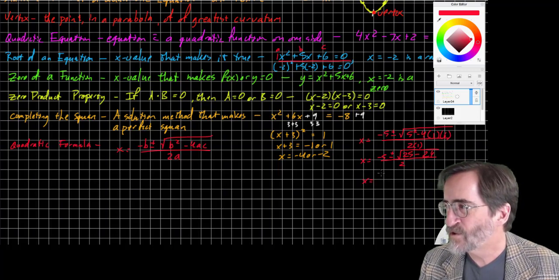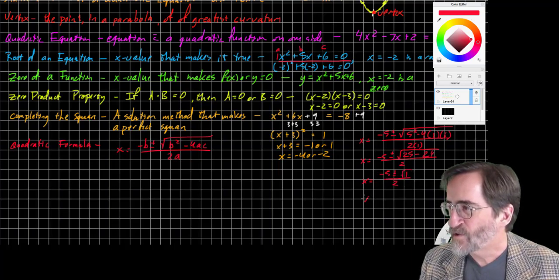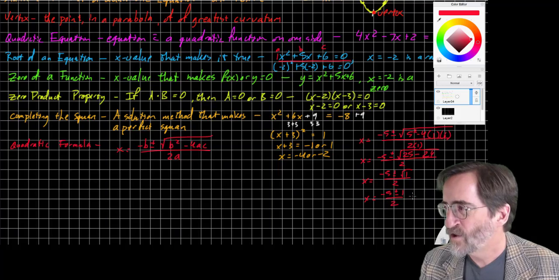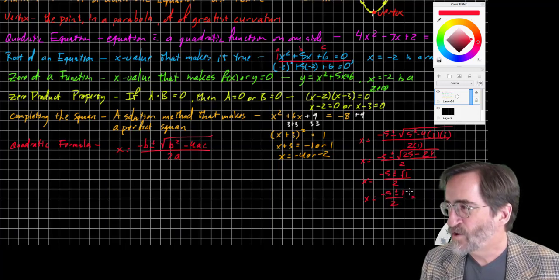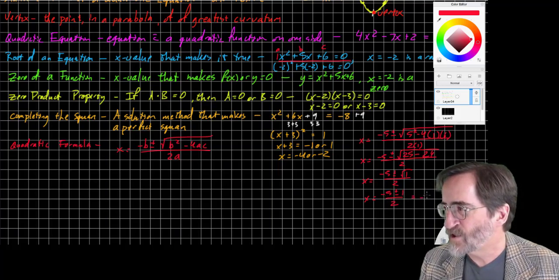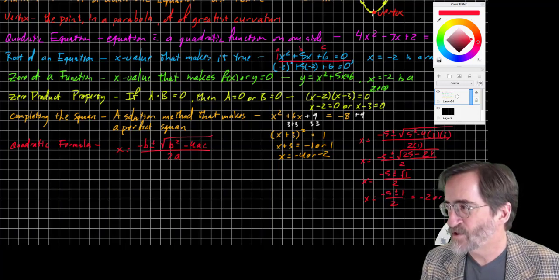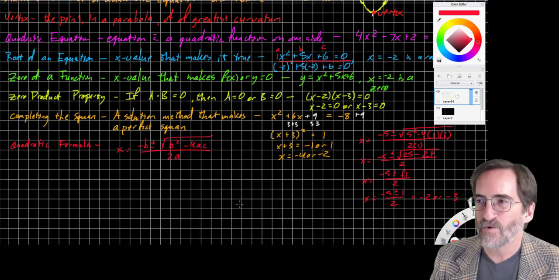X equals -5 plus or minus 25 minus 24 is 1, square root 1. X equals -5 plus or minus 1 over 2. -5 plus 1 is -4 divided by 2 is -2. -5 minus 1 is -6 divided by 2, which is -3. The solutions are -2 or -3.